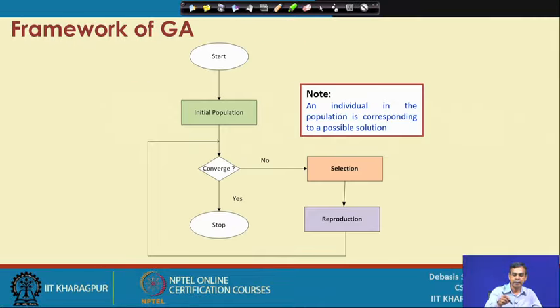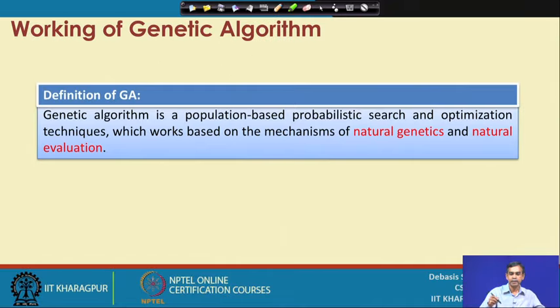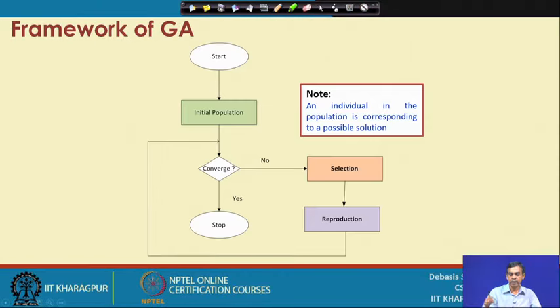So, the fundamental thing is that the genetic algorithm is a population based probabilistic search, and that is important. Now, we will learn how the population based probabilistic search can be achieved using genetics and the concept of evolution. This is our study objective, and we will see exactly how this can be done.